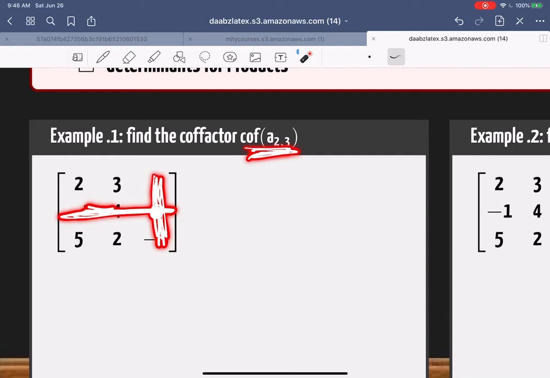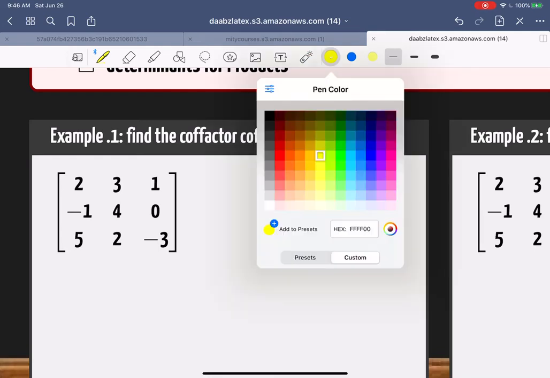And what you do with that submatrix is take the determinant of it. Take the determinant, and then you assign to it a number. You multiply by either 1 or -1. And I'll show you how to determine what to multiply by. So let me just write the steps real quickly so that it's super clear.